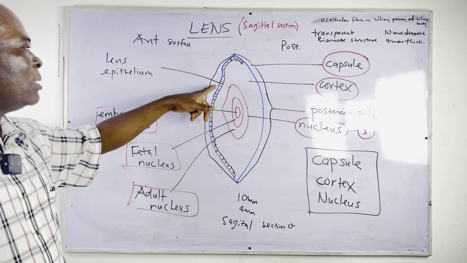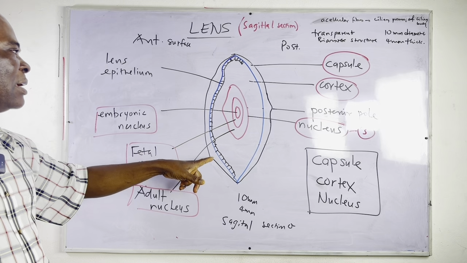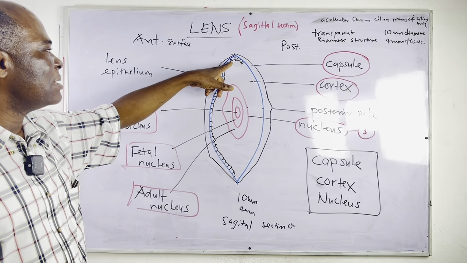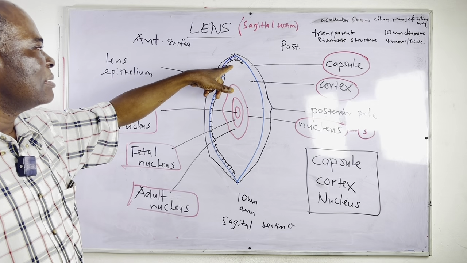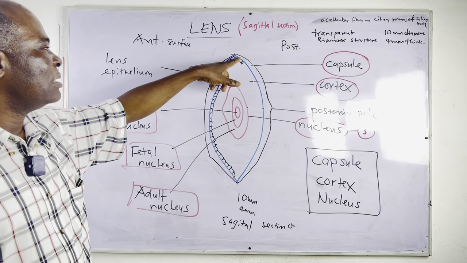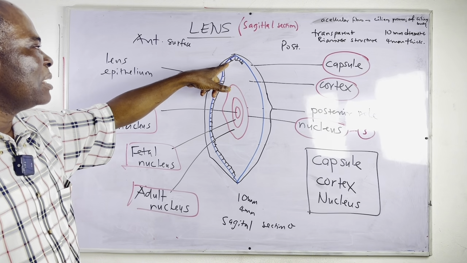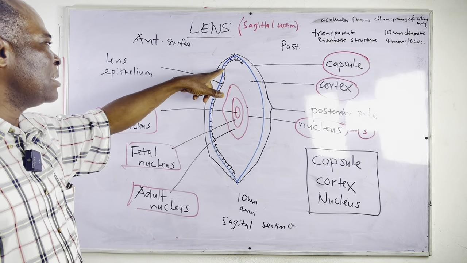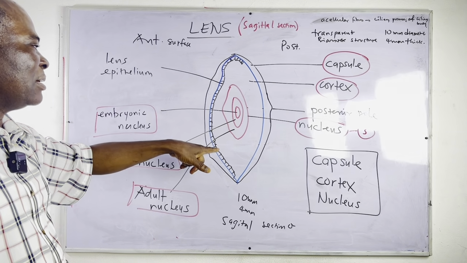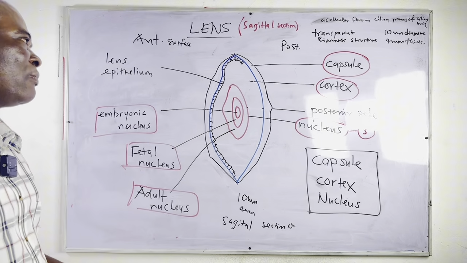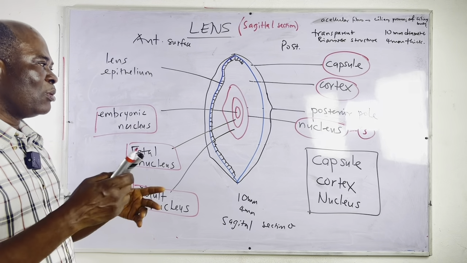They are only at the anterior side. But there is always activity here by these epithelial cells. There's mitotic activity that can take place here. As they divide, they keep migrating and elongating along this side. And that happens throughout life. And that brings about the enlargement of the lens as we grow.